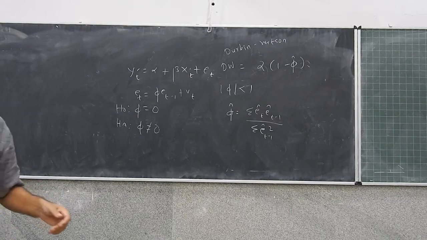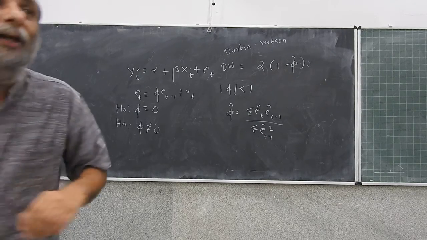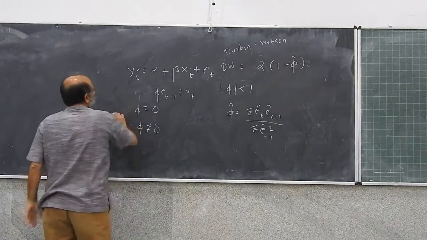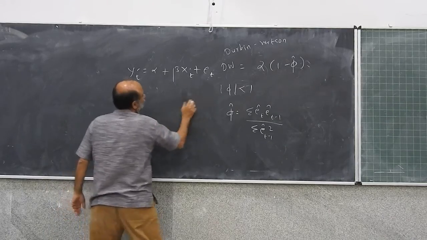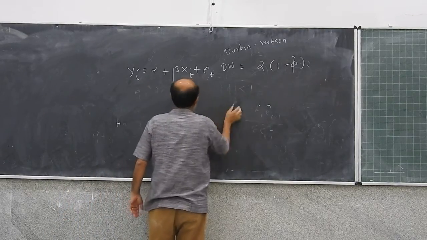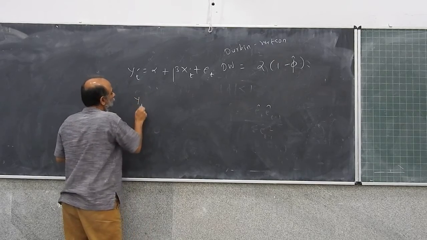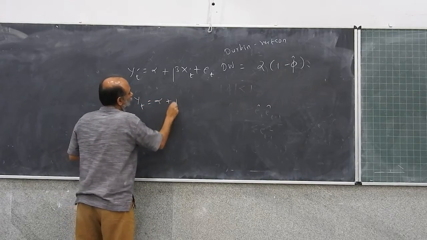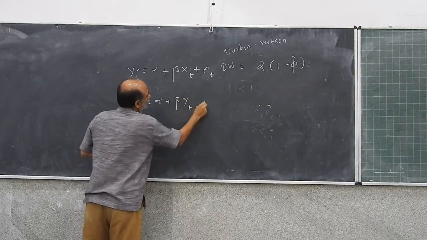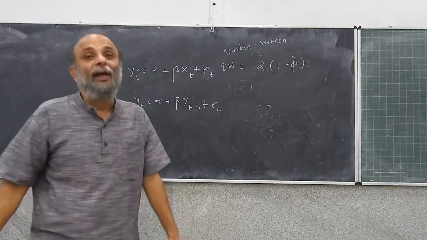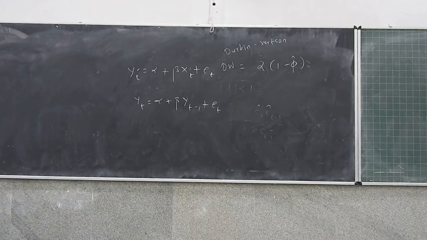The other case where the Durbin Watson statistic becomes invalid is when, instead of xt, you have the one period previous value of yt.